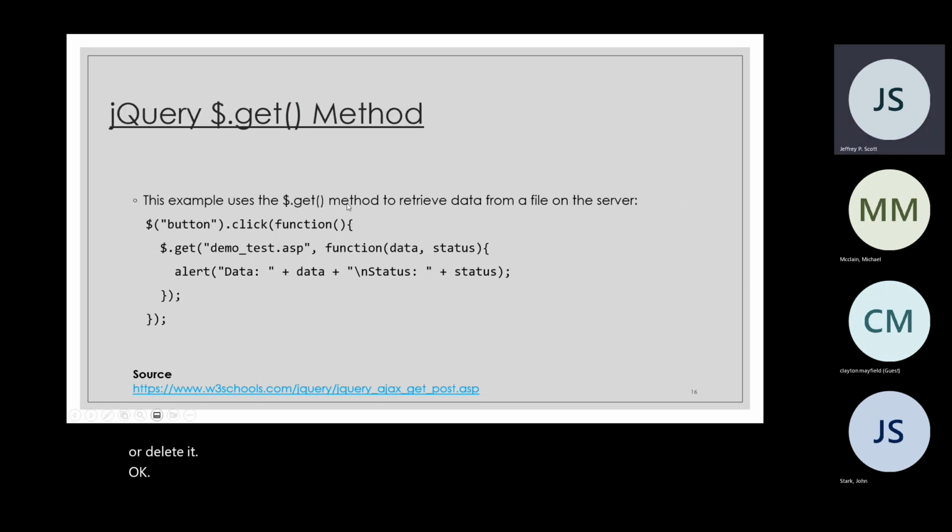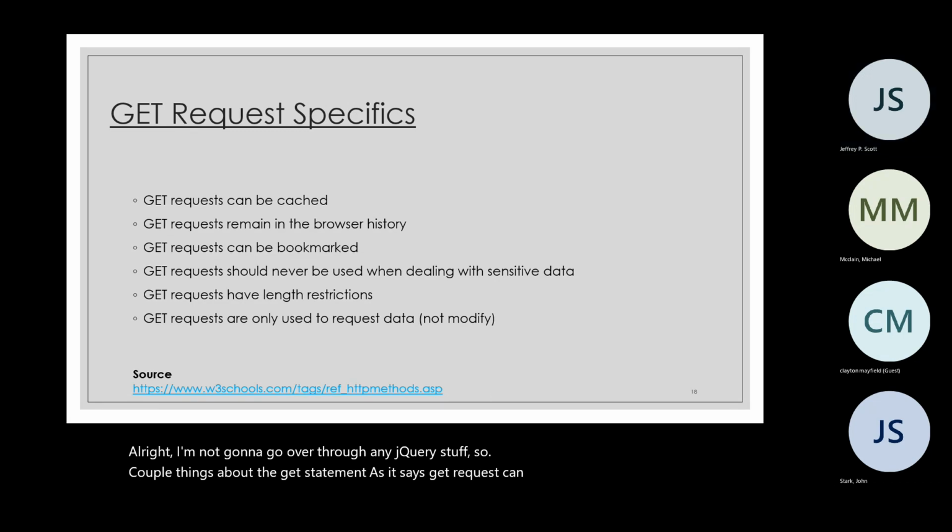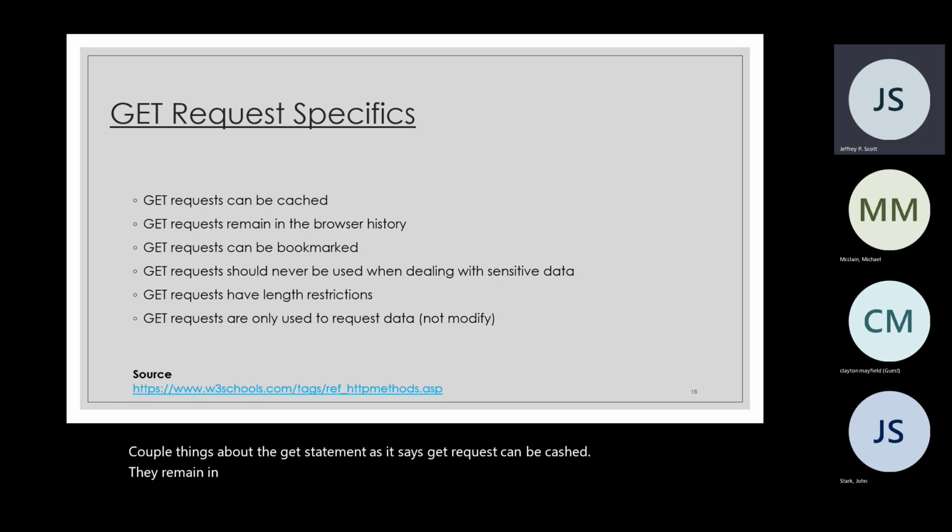All right. I'm not going to go through any jQuery stuff. So a couple things about the get statement. As it says, get requests can be cached. They remain in the browser history. They can be bookmarked. That's actually a pretty big thing, because with posts, you can't bookmark them.